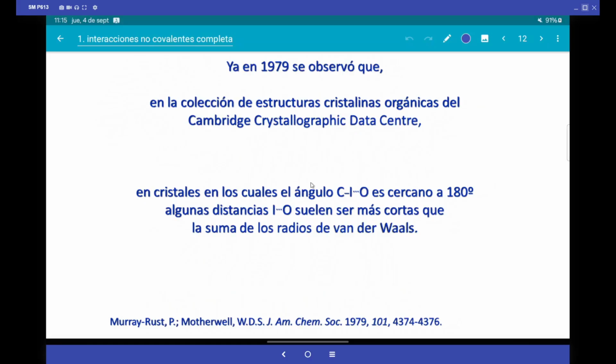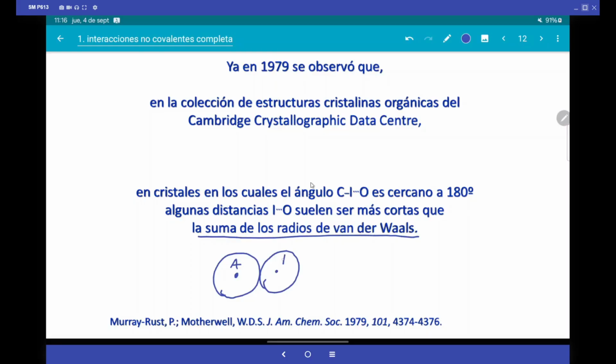It was observed in the collection of organic crystalline structures, the Cambridge Crystallographic Data Center, that the interaction angle carbon-halogen-oxygen is close to 180, and some distances are usually shorter than the sum of the van der Waals radii. Let's go there. The sum of the van der Waals radii is when one has an atom A and an atom B next to it.